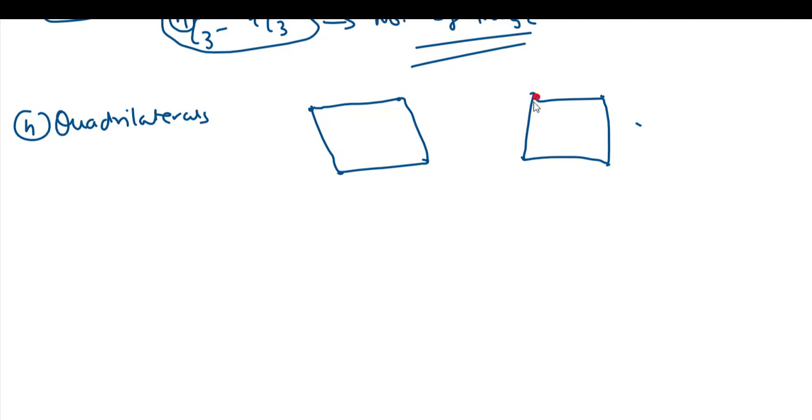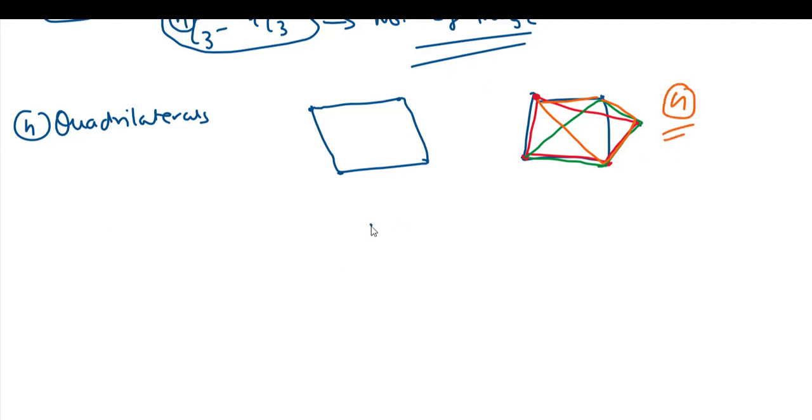Then by considering this point, this point, this point, and this point, we can form another quadrilateral. Then by considering these 4 points, we can form a quadrilateral. Then by considering these 4 points, we can form another quadrilateral. So the total number of quadrilaterals that can be formed will be equal to 4.